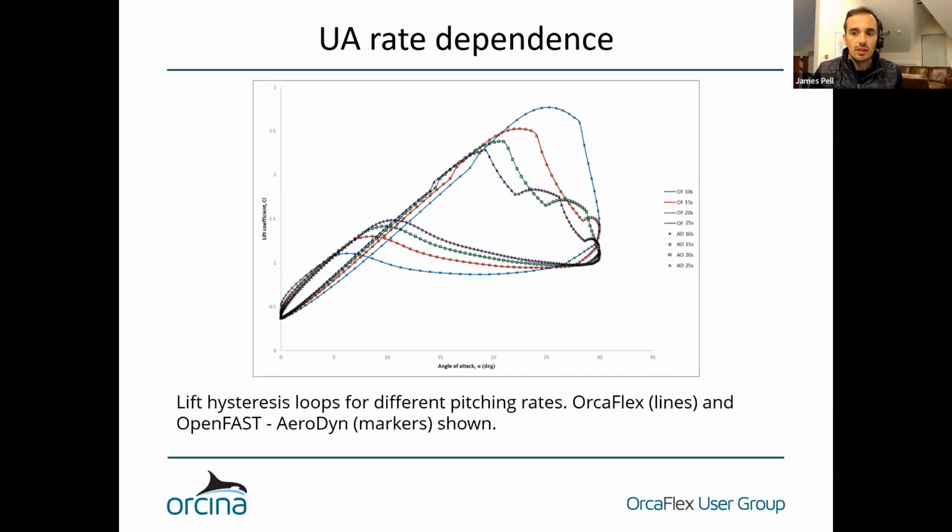So the lines there, blue, red, green, purple, correspond to a period of oscillation for that pitching motion of 10, 15, 20, and 25 seconds, respectively. So that's the solid lines. The markers, so the crosses, circles, squares, and triangles, they're from a corresponding OpenFAST AeroDyn model set up exactly the same. And as you can see, the results are pretty much exactly equivalent.